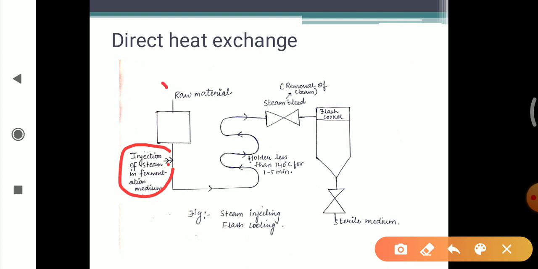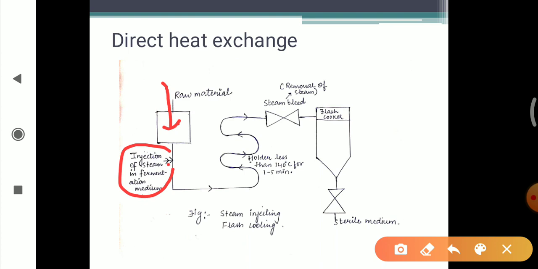We pass the medium through here and high temperature steam is injected. The medium reaches the required temperature within a microsecond. Injection of high temperature steam into the medium is direct heating because we are directly heating the medium.